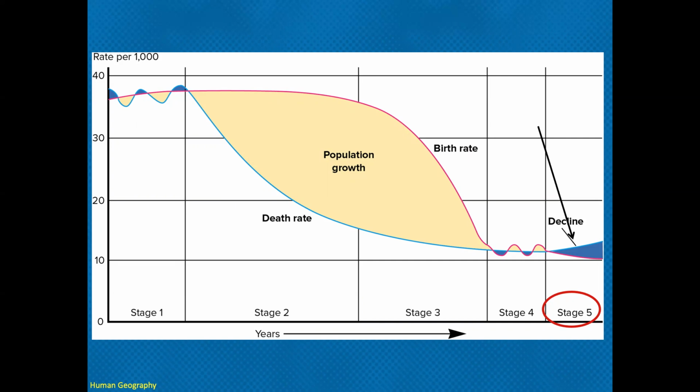You can't continue to go in that direction. So at some point, there's going to be a need for countries to be probably in stage 4 again, because you can't continue to just simply decline. So it's a consequence that has to be addressed years down the road.